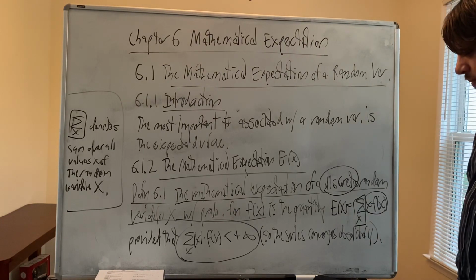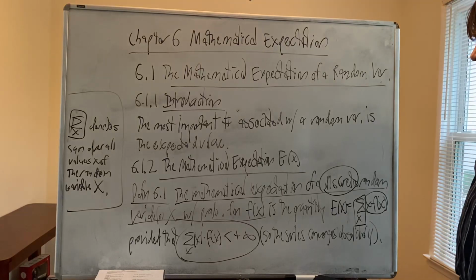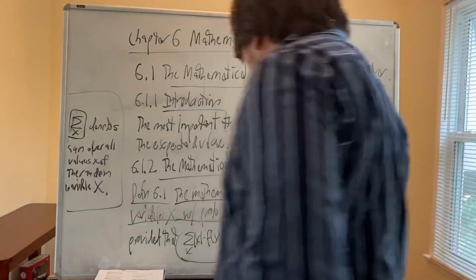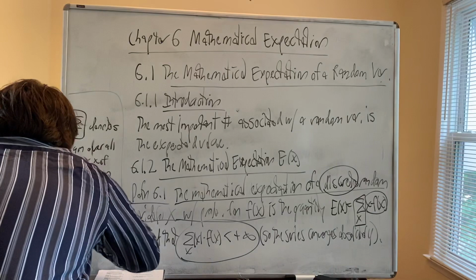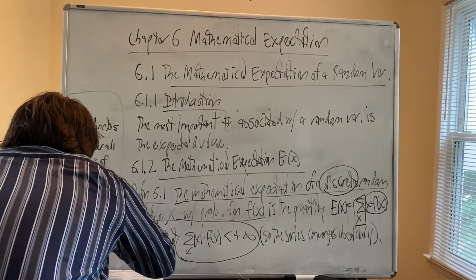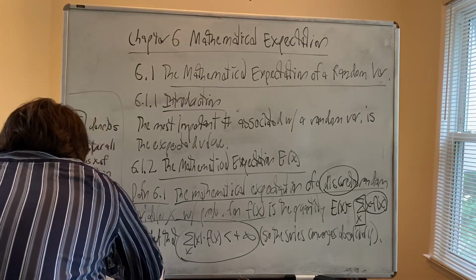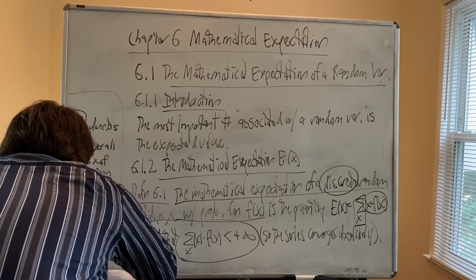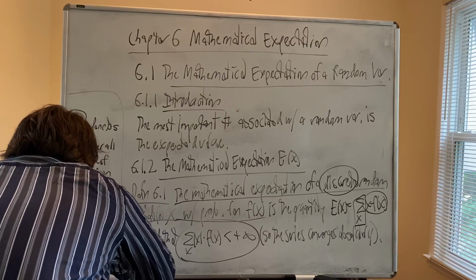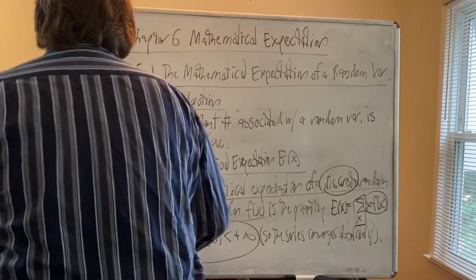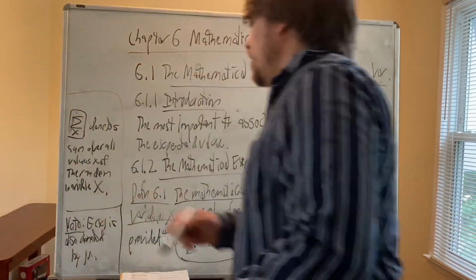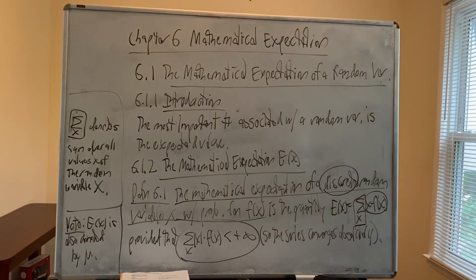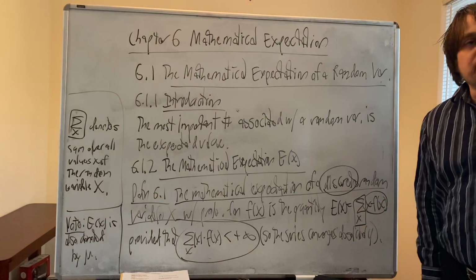And I'm going to put a note here. E of x is also denoted by mu. So mu could be used instead of capital E of x.